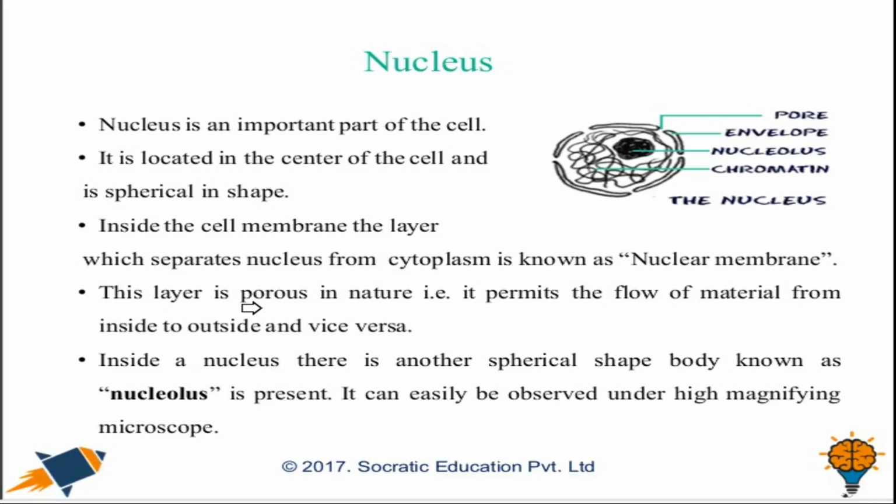The layer is porous in nature. It permits the flow of material from inside to outside and vice versa. Inside a nucleus there is another spherical shaped body which is known as the nucleolus.